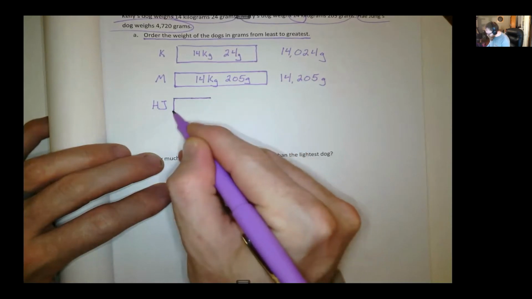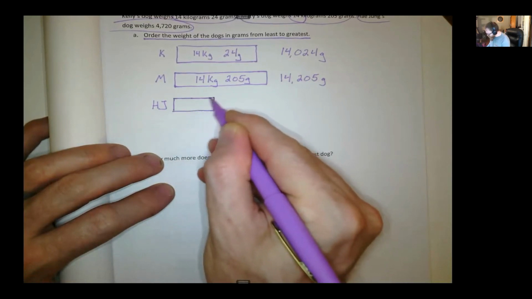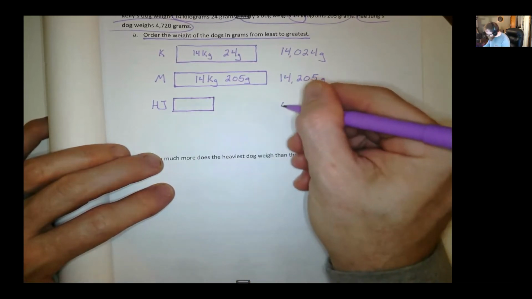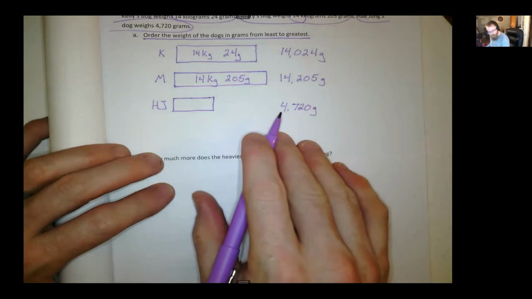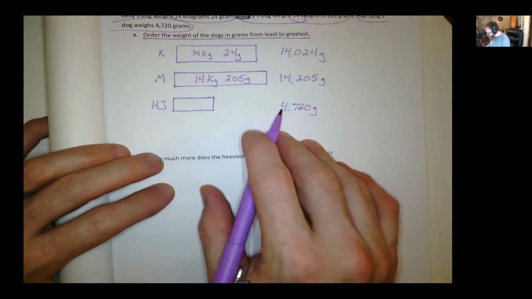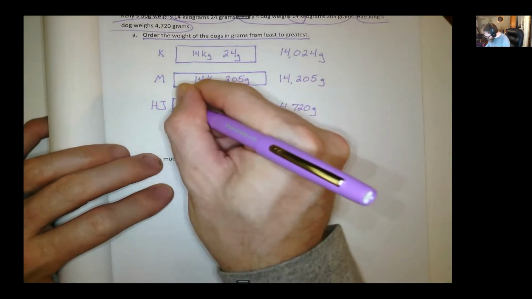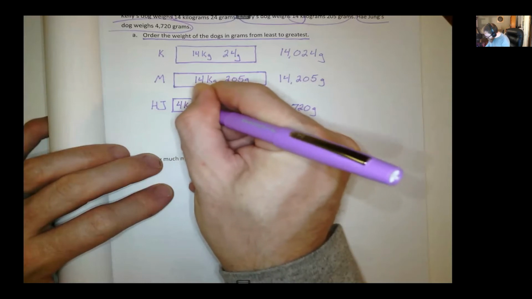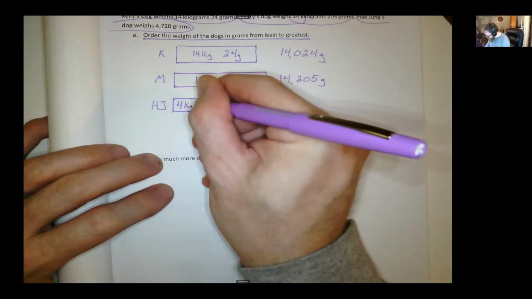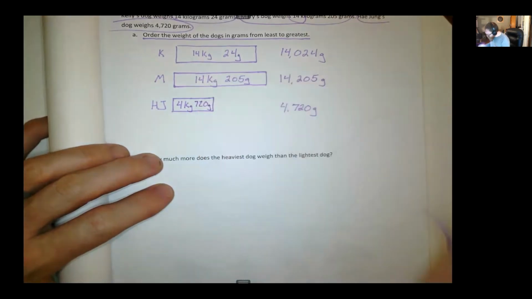So we would draw a very small rectangle to represent the much smaller value of 4,720 grams, which if we wanted to write it with kilograms, we would just convert every 1,000 grams to 1 kilogram. So 4,720 grams will be represented as 4 kilograms, 720 grams.